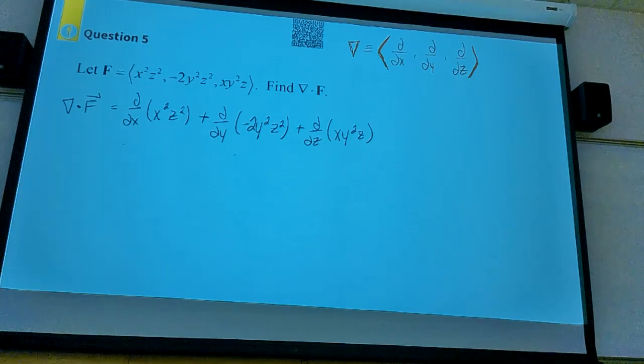Partial x of the first component, partial y of the second component, partial z of the third component, sum them together. So if you think of the del operator as a vector, then the divergence acts like a dot product. So that's why we represent it that way. But keep in mind that this doesn't make sense. The del dot has to be out front.